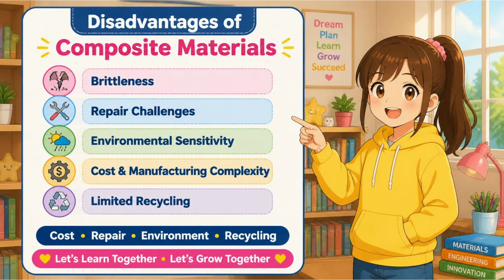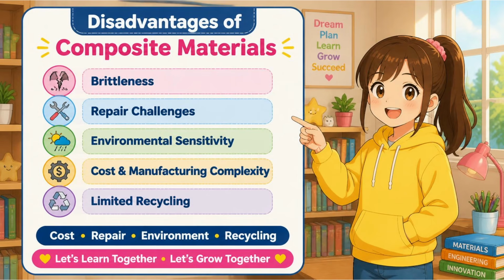This is a very important term to remember. Anisotropic means the properties depend on the direction. For example, unidirectional carbon fiber composites can have very high strength along the fiber direction, but much lower properties perpendicular to the fibers. Therefore, fiber orientation is extremely important in composite design. So these are the disadvantages of composite materials.